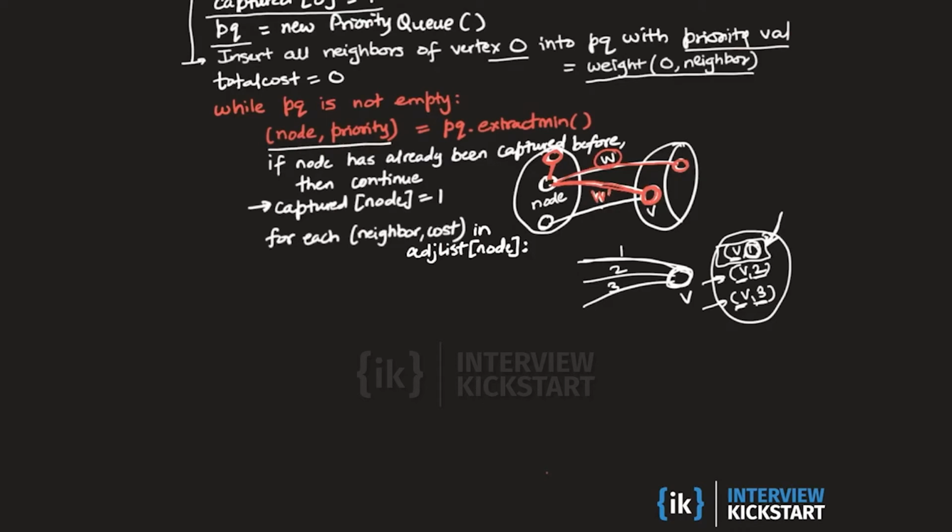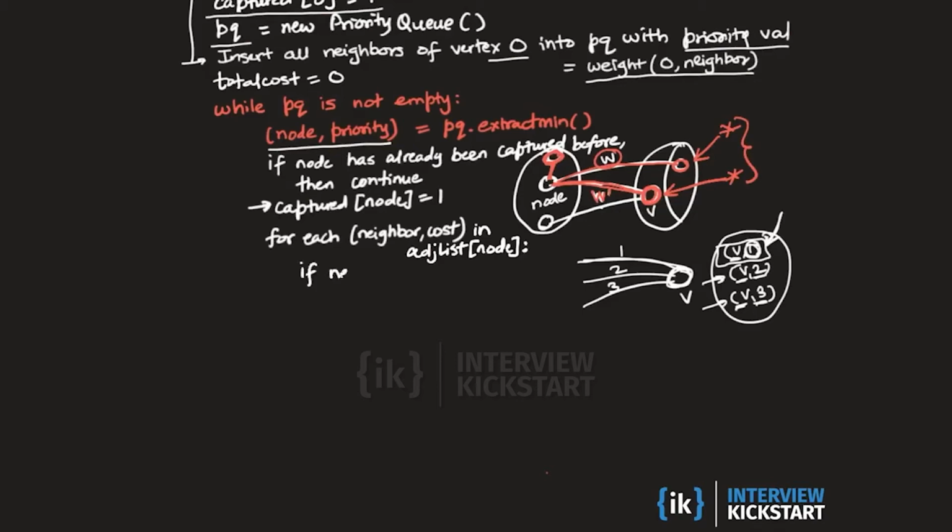So notice that regardless of whether the neighbor is undiscovered or whether it is already discovered and sitting in the priority queue, we are going to insert a new copy of that neighbor into the priority queue with a priority value equal to the cost. So that means we don't need to differentiate between this scenario and this scenario. All we need to do is differentiate between these two scenarios and the scenario where the neighbor is already captured. So we just want to check that the neighbor is not captured.